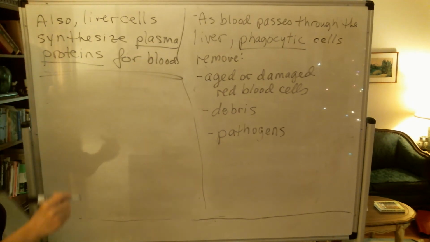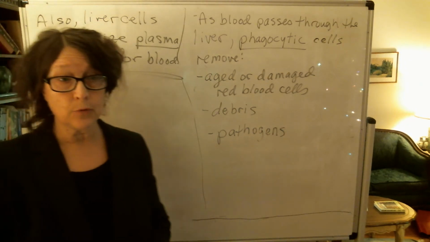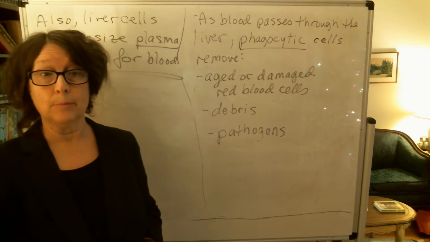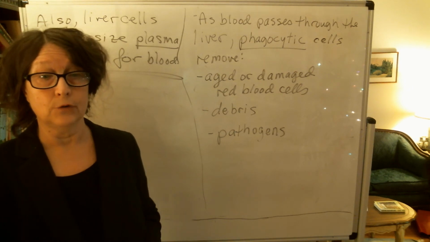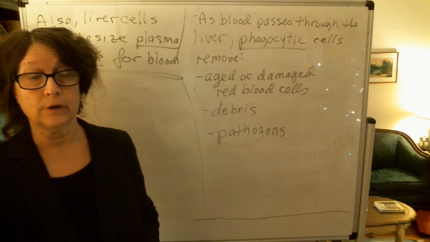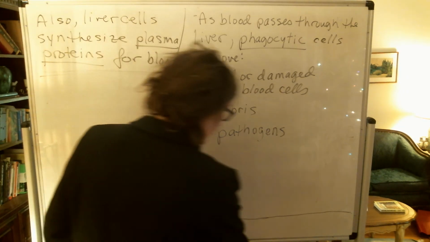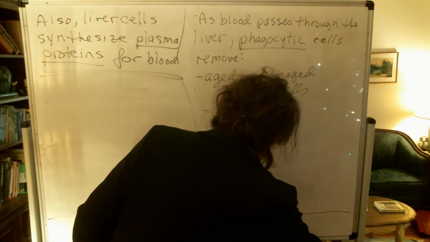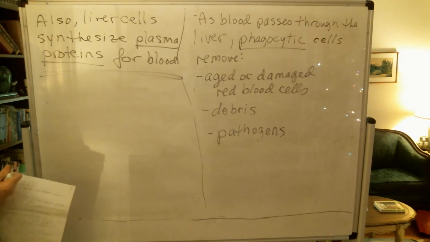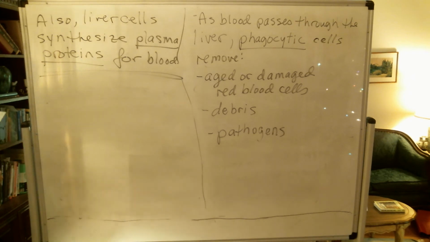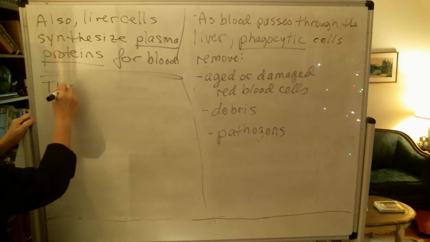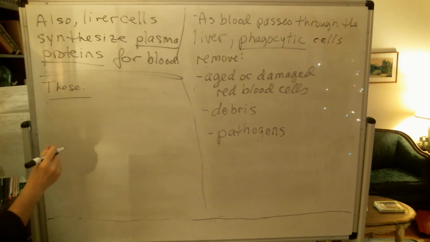So plasma proteins, what are they? Plasma proteins are proteins that circulate in your blood. They are what make up your blood plasma, or what make up a lot of your blood plasma. And so these plasma proteins have a number of different jobs. Okay, so these plasma proteins do a bunch of different things.